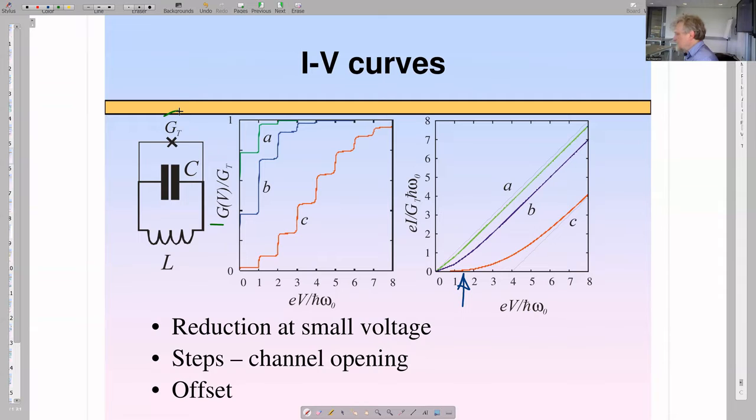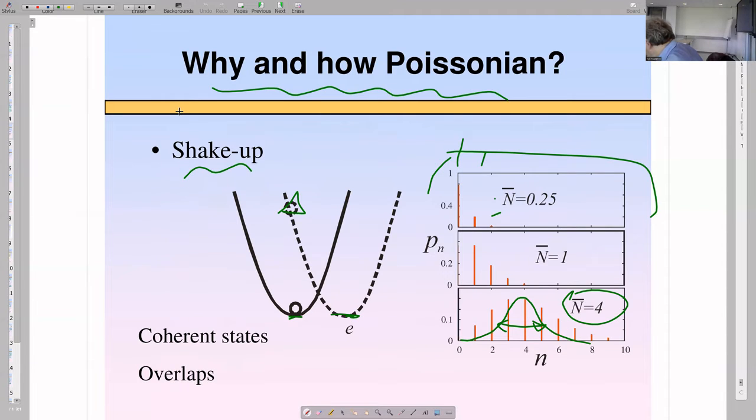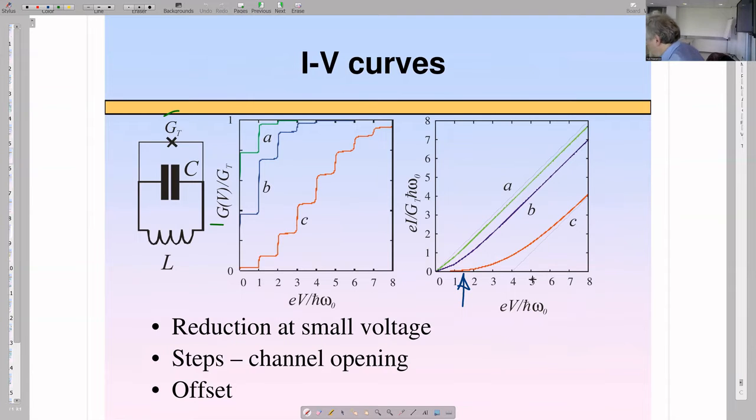It is suppressed with respect to the non-interacting value. It's an effect of this oscillator circuit, the effect of the electromagnetic environment. Right, so for these three different curves, which correspond to the same values of the average as here, we have rather high conductance in comparison with conductance at high voltage, or rather low.